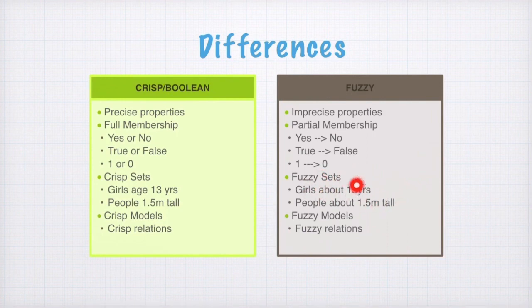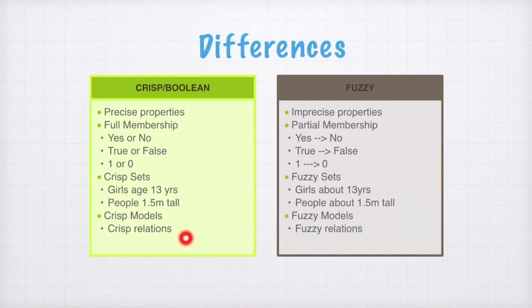So it's still accepted that she is 13 years. However, it can be a vague value. The same thing goes with height. This person is about 1.5 meters tall. So this person can be maybe 1.48 meters tall, maybe 1.45, or maybe 1.52.